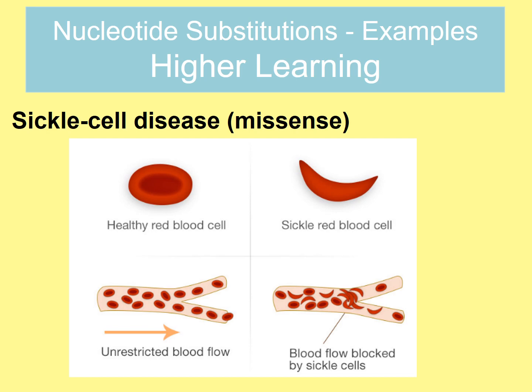Hemoglobin S is inefficient at carrying oxygen, which is obviously the prime function of hemoglobin within a healthy red blood cell. So what we see with sickle cell disease is that the red blood cells are less flexible than the normal or healthy red blood cells, and they tend to stick together and can interfere with blood circulation.